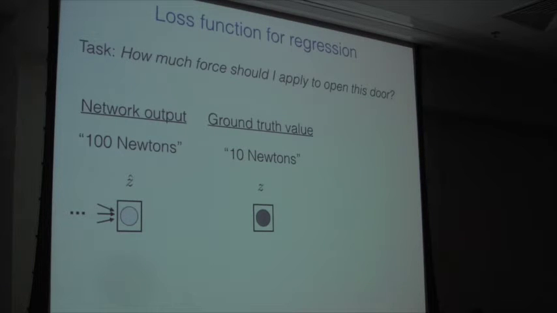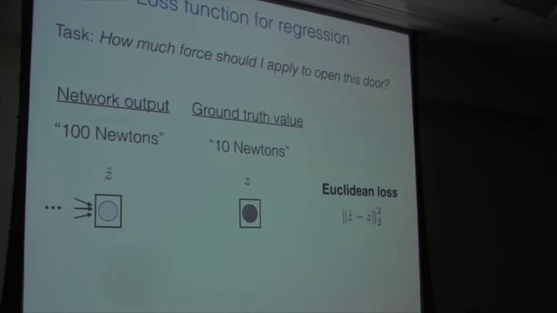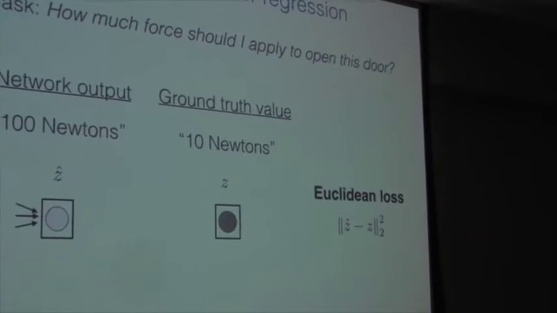So maybe it predicts 100 newtons, and the ground truth is just another number, which is 10 newtons. So if this is a robot, it would probably break that door. And then we define our loss, our way of measuring the difference between the predicted output and the actual ground truth, using the simplest one for a regression might be a Euclidean loss, just what is the distance between the prediction and the ground truth.